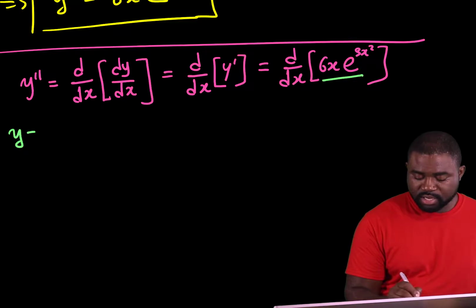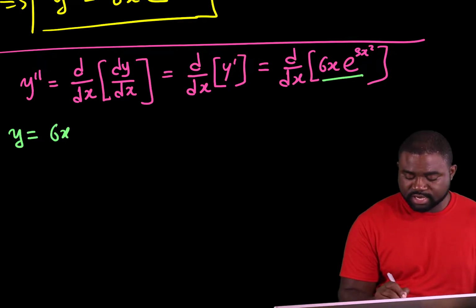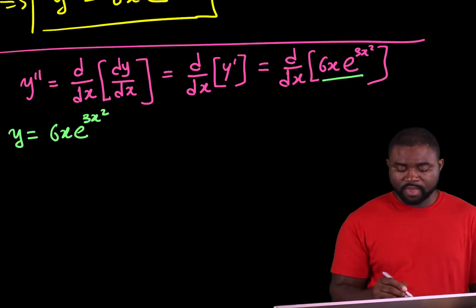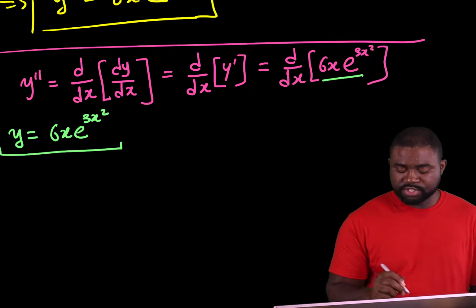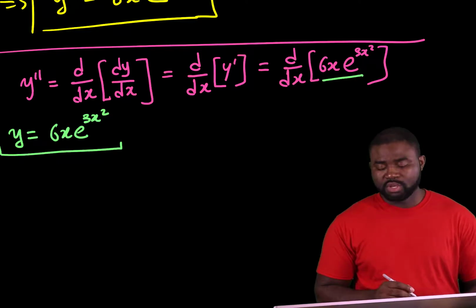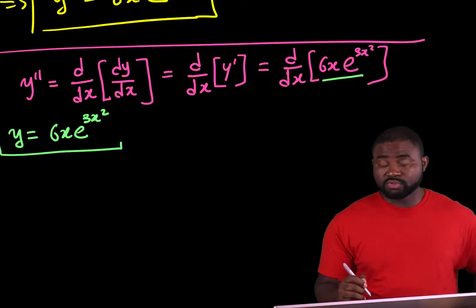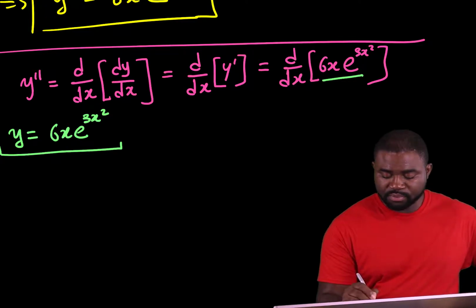So y is equal to 6x e^(3x²). So how do we differentiate a product? We are going to use the product rule here.